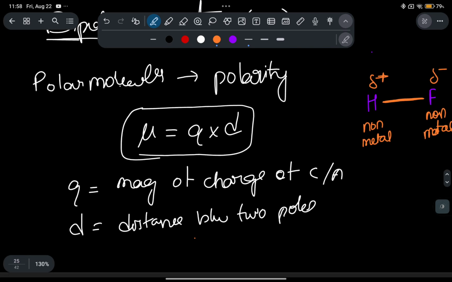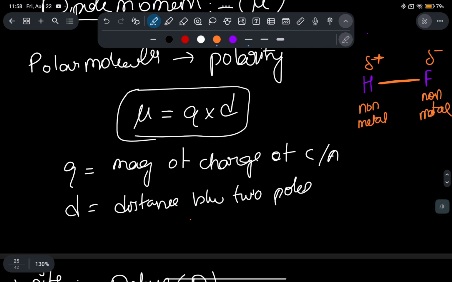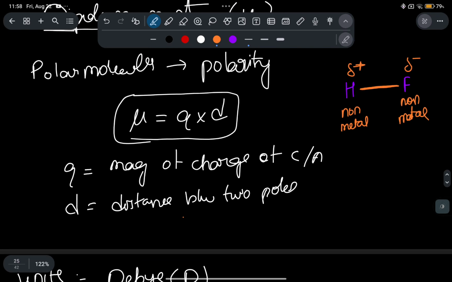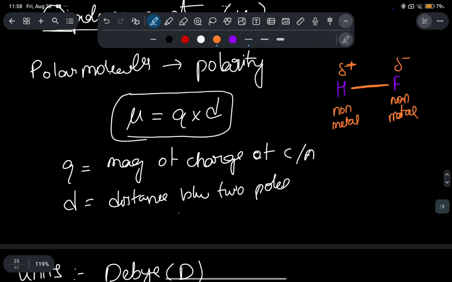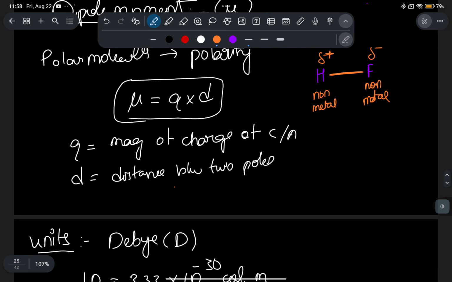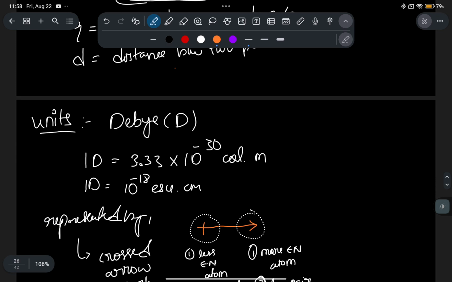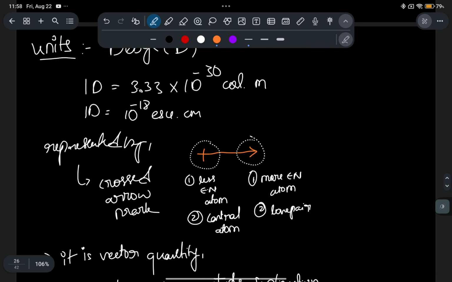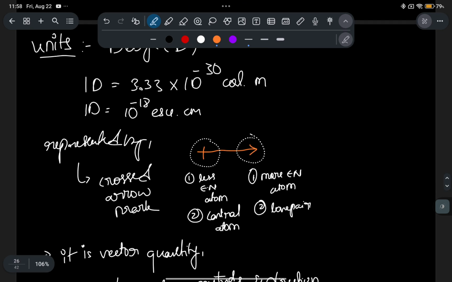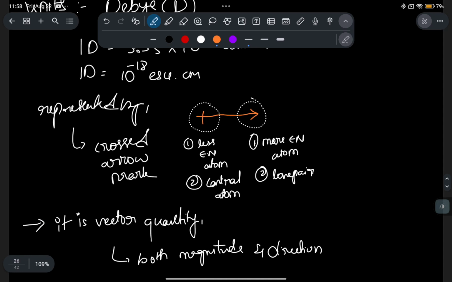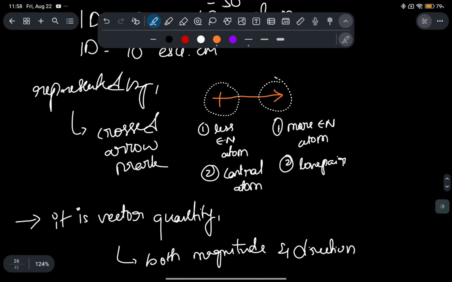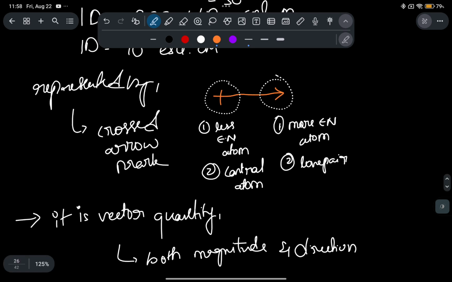So for that mu we should know the dipole moment formula. Mu is equal to charge, the magnitude of charges, into the distance between the two poles, q into d, represented by d. One debye is equal to 3.33 into 10 power minus 30 coulomb meter. It is represented by a plus on one side and an arrow with a cross mark.